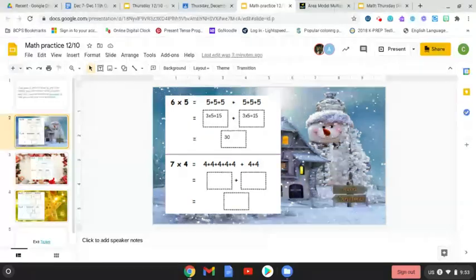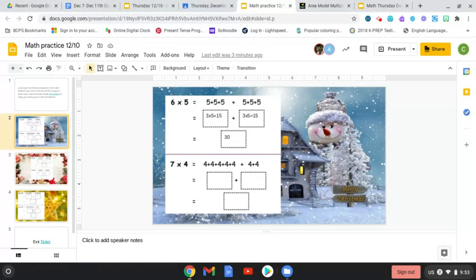Okay, I know that 7 is the same thing as 5 and 2. I know 8 is the same thing as 5 and 3. Okay, so always look for those kind of friendly numbers, those easier facts that you know, to help you solve a fact that you maybe don't know. I hope that helps.